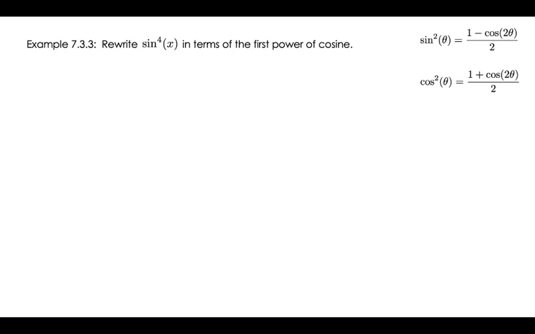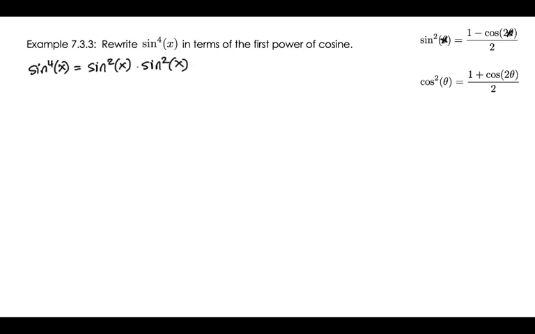Oh, man. Just erased my stuff. Let me rewrite that. Sine to the fourth. If you've been patient to get to this point in the video, you can be patient a little bit longer. All right, so sine squared x, sine squared x. All right, so I'm going to use this formula for sine squared x.